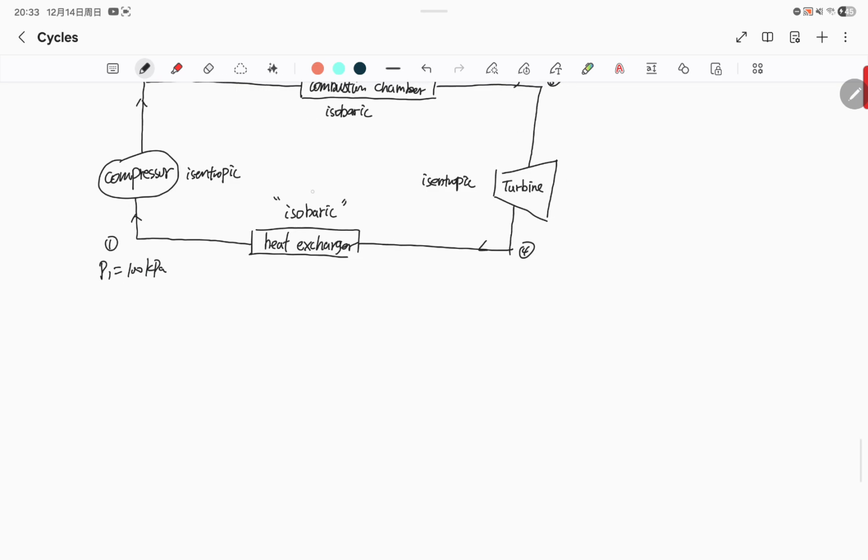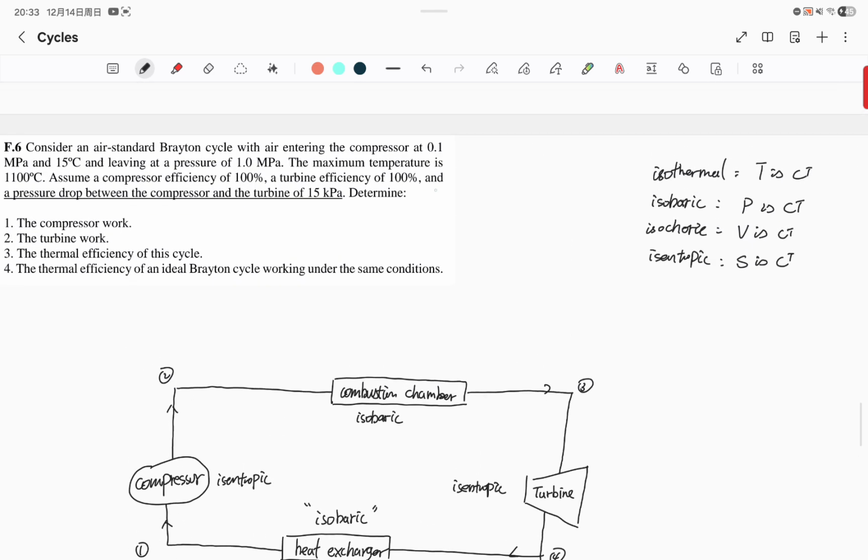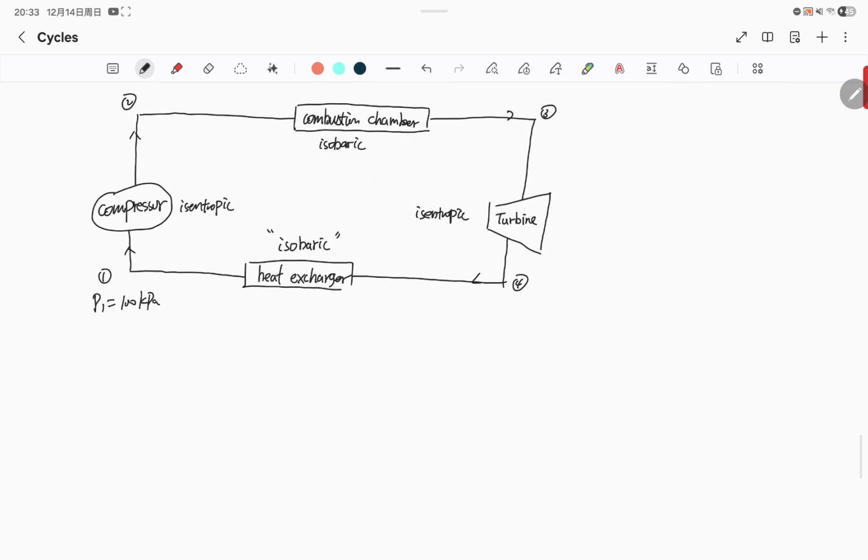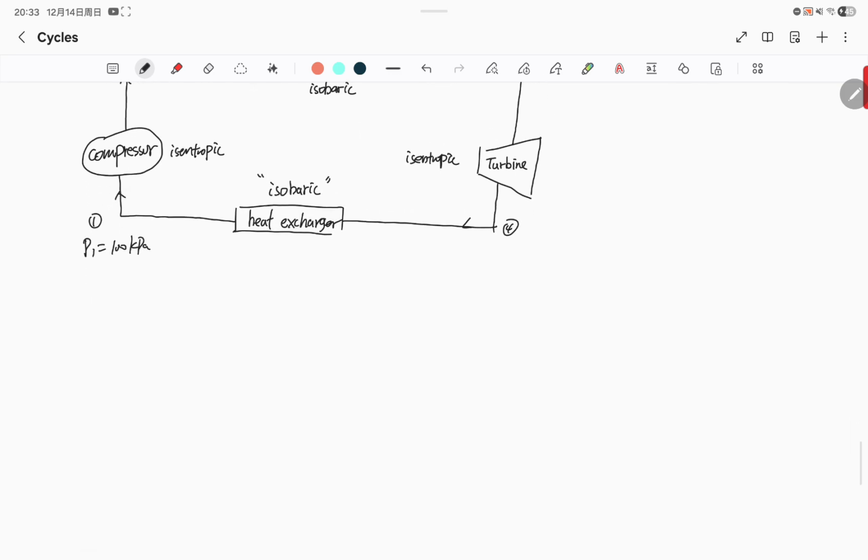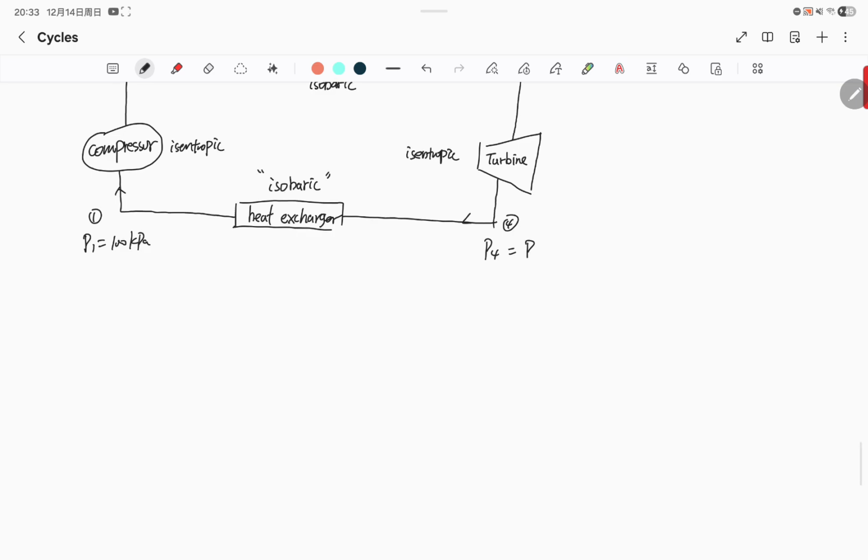And the reason why I put a quotation mark on isobaric here between state 1 and state 4 is because of this sentence. It says the pressure drop between the compressor and turbine is 15 kilopascal. Not too sure what exactly it means, but I assume that P4 is P1 minus 15, which is 85 kilopascal.